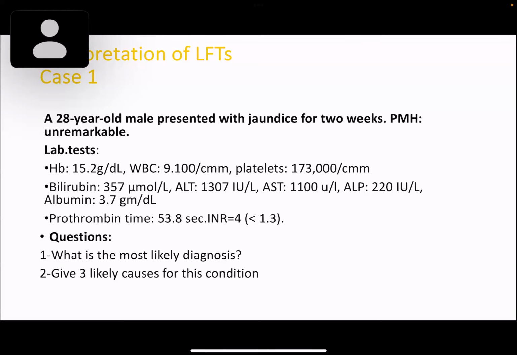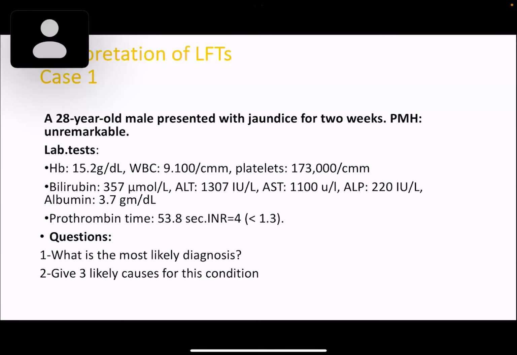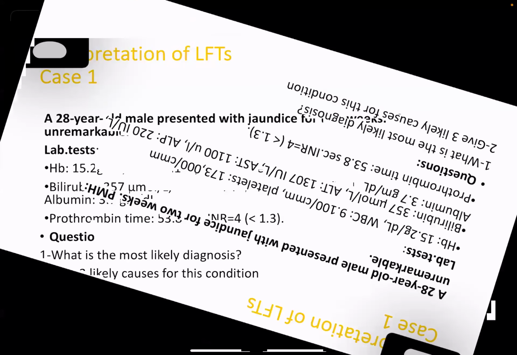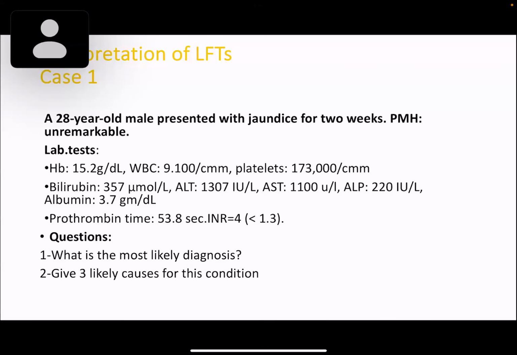Okay. So can you suggest 3 likely causes for this acute liver failure? So acute viral hepatitis, very good. Acute viral hepatitis, a possible cause for acute liver failure here, yes. Drugs also, yes. Which drug can lead to acute liver failure?